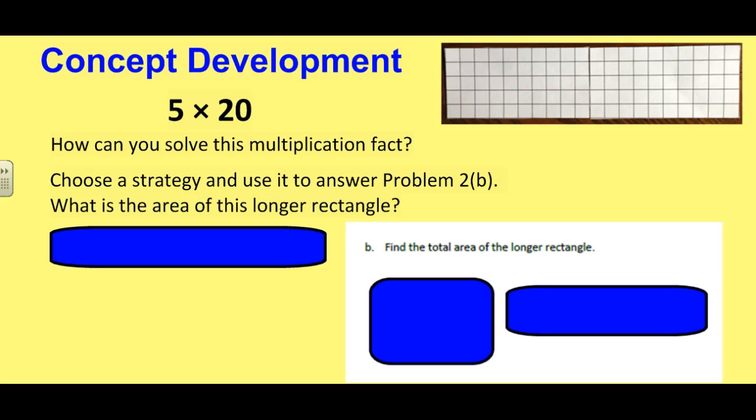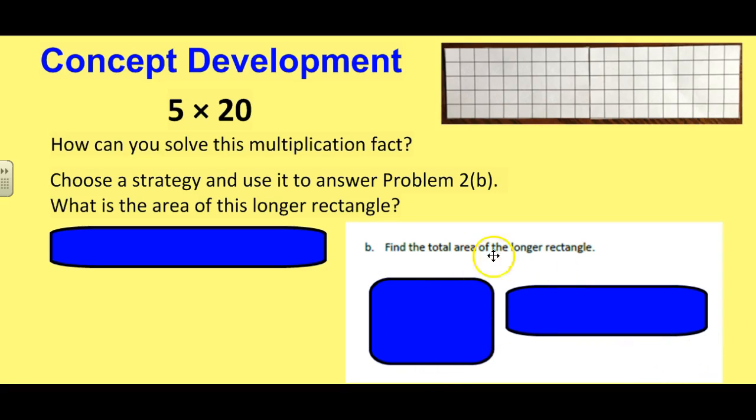Okay, now we're going to move on to part B. How can you solve this multiplication fact? So we have learned how to solve multiplication facts using multiples of 10 before, and a 20 is a multiple of 10, so you're just going to choose whatever strategy is best for you, and you're going to use that strategy to help you answer part B of problem 2 and finding the area of the longer rectangle.